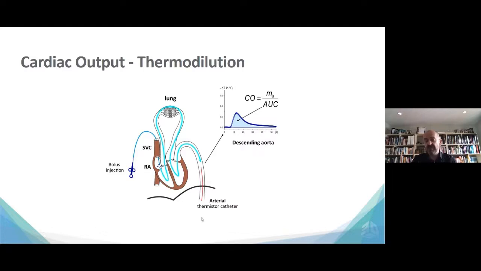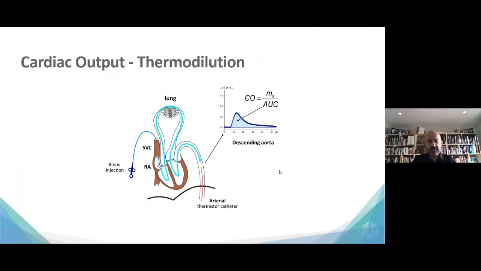So these are very nice measurements for continuous monitoring in the intensive care unit. And if you need the catheter to stay in for a few days or longer, which could be the case in COVID patients, this would be the catheter I would certainly recommend.